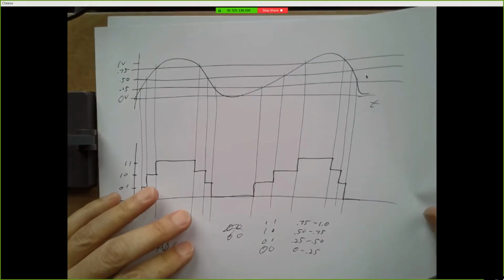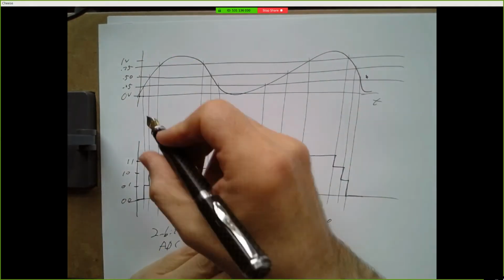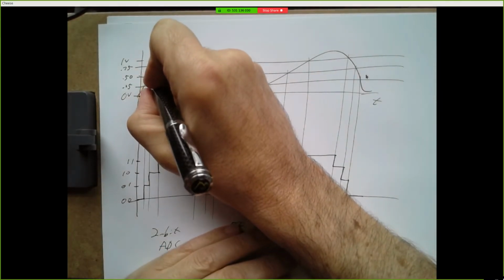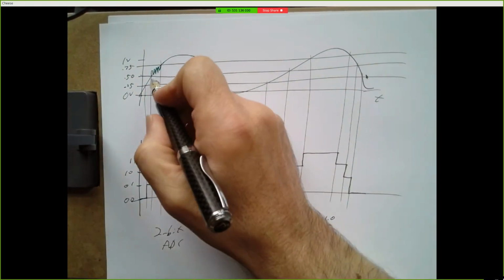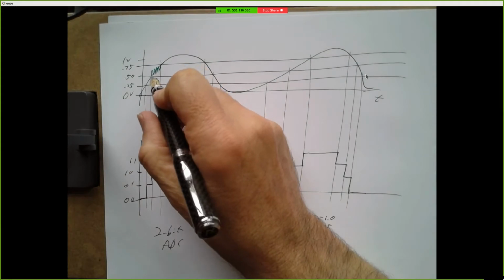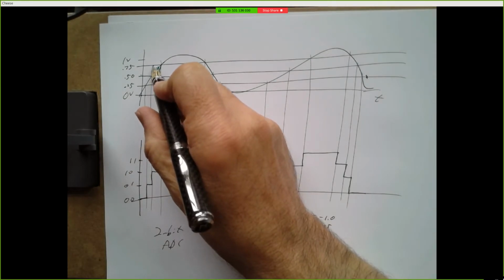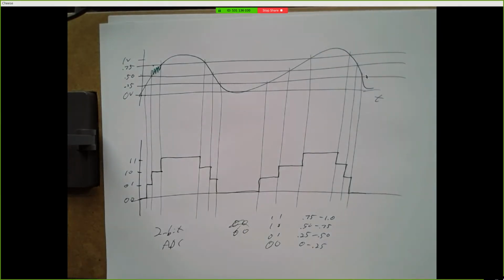Okay, what does this mean? This is about resolution. Our waveform over here could have been doing something like this. Could have had this little squiggle in here, right? But because every voltage in here was still between 0.5 and 0.75, we still just represent it as a 1, 0. We don't notice those little squiggles.